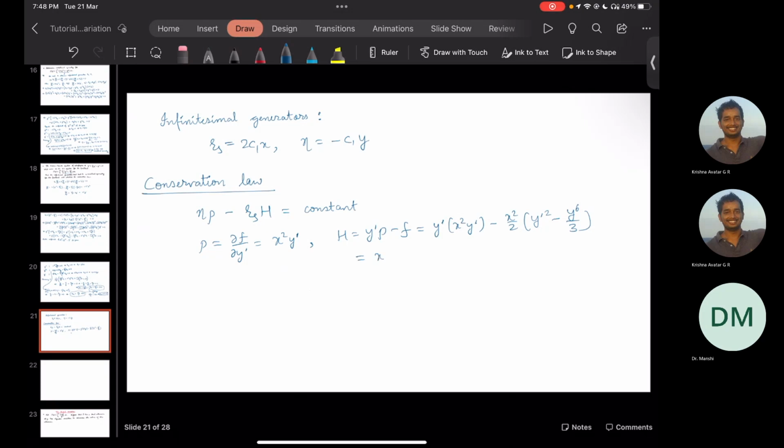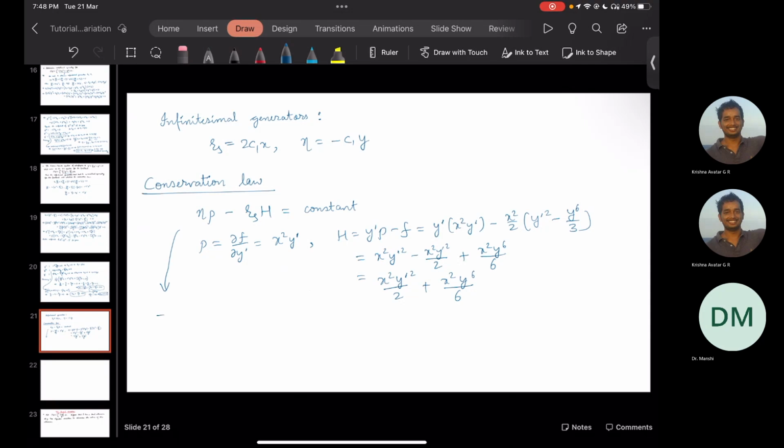So this gives us x squared y prime squared minus x squared y prime squared by 2 plus y to the power 6 by 6, right? Okay. And this effectively is x squared y prime squared by 2 plus y to the power 6 by 6.